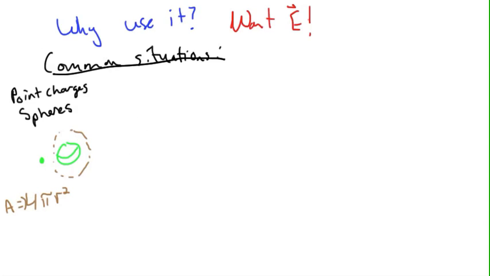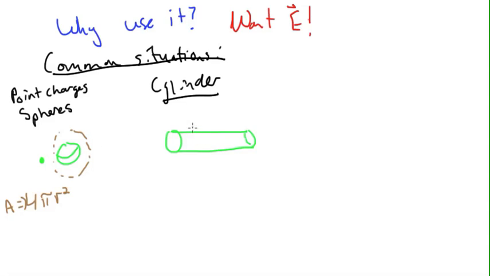We could also have a cylinder. So this will be something like this. And then we could want to find the E field, either outside of this or inside of this.